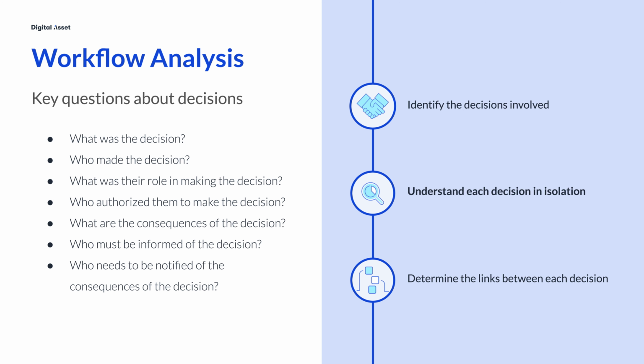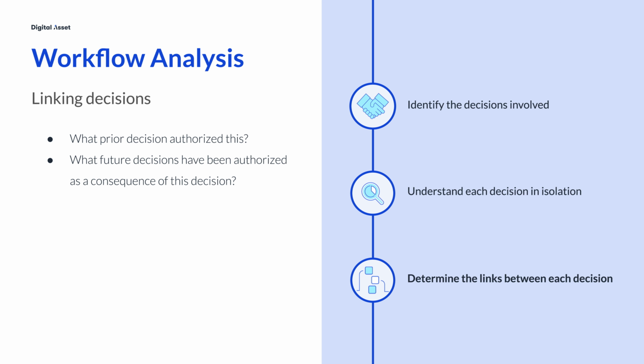The previous lesson provided us with a set of key questions we can use to analyze a decision. We will use these questions to understand the decisions in isolation. To complete our analysis, we need to understand how each decision links to the others. This means for each decision determining which prior decision authorized it, and then what future decisions are authorized as a consequence of making it.